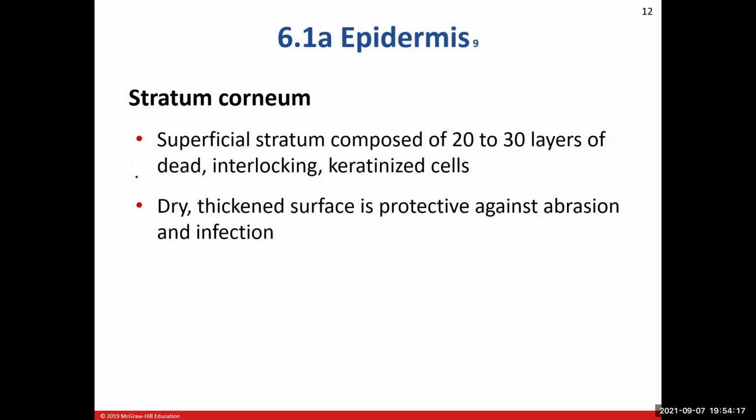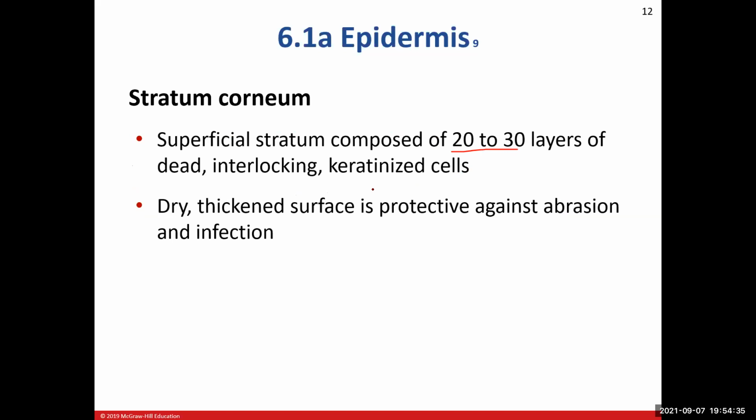And then finally, our outermost layer, the stratum corneum. It's the most superficial layer here. This is the thick layer, anywhere between 20 to 30 cell layers thick, made up of dead keratinized cells that are tightly packed into one another.